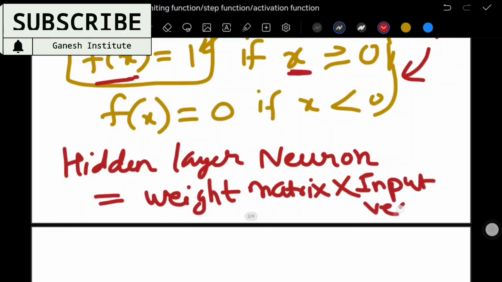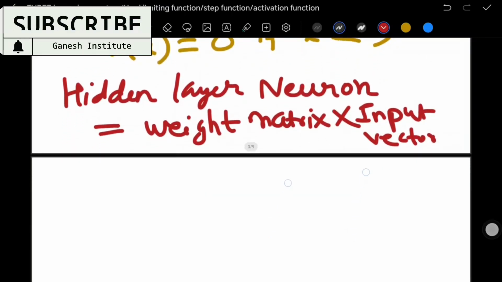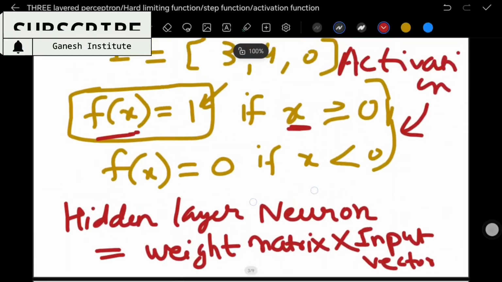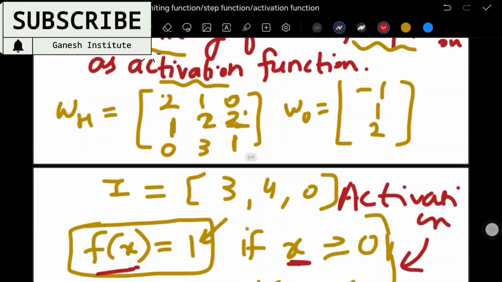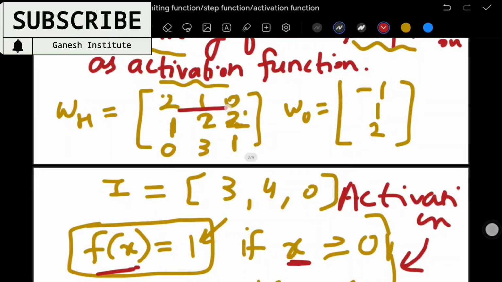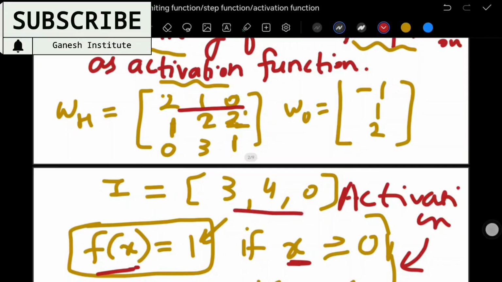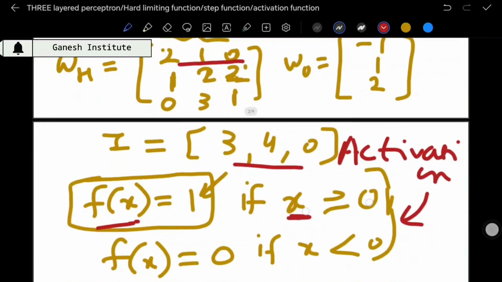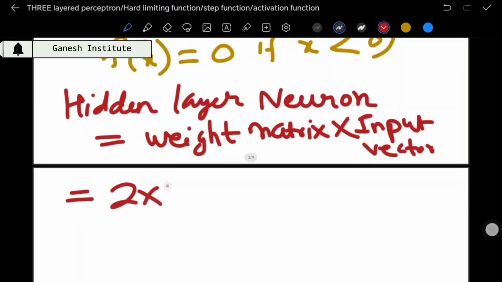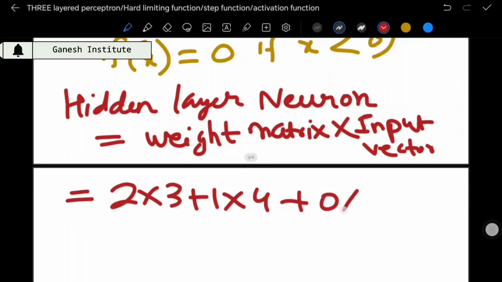Both are given to us. In the weight matrix, the first row is 2 1 0 and the input is 3 4 0. So 2 times 3, 1 times 4, and 0 times 0.